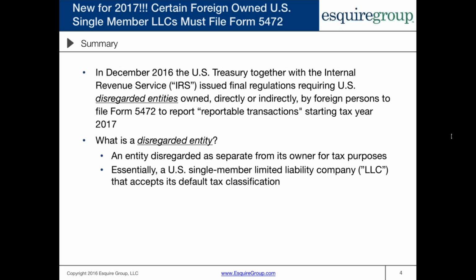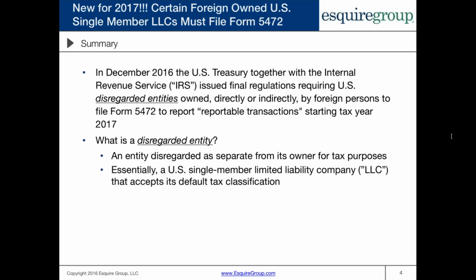So before we dive into what a disregarded entity is, let's just talk very briefly about what direct and indirect ownership are. So direct ownership is pretty simple. If you own a disregarded entity, that's direct ownership. But let's say, for example, you're an Australian and you own this United States disregarded entity through an Australian trust.